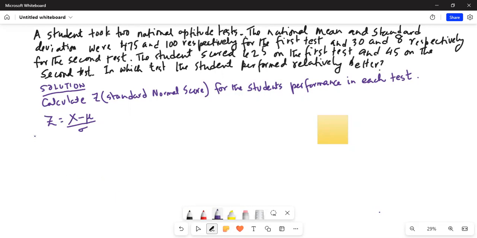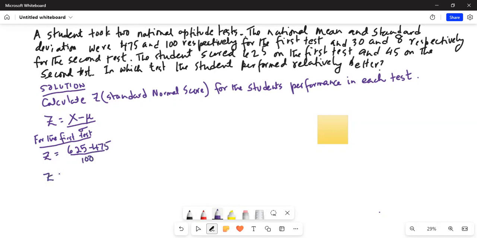So for the first test, Z: the student scored 625 on the first test, the mean was 475 and the standard deviation was 100.